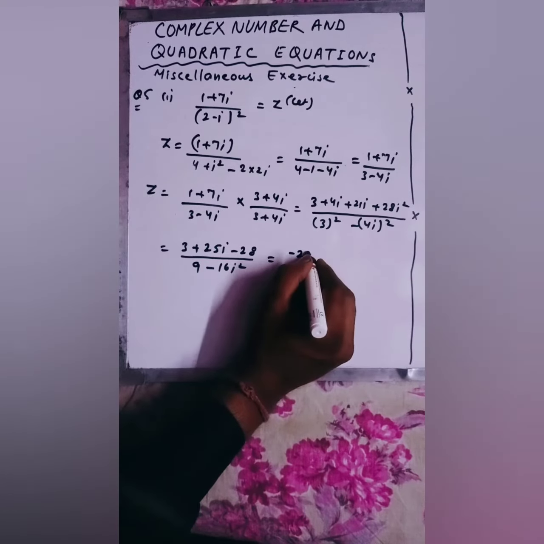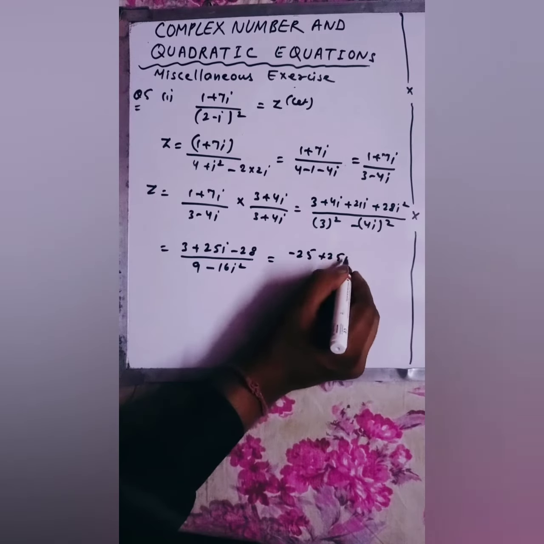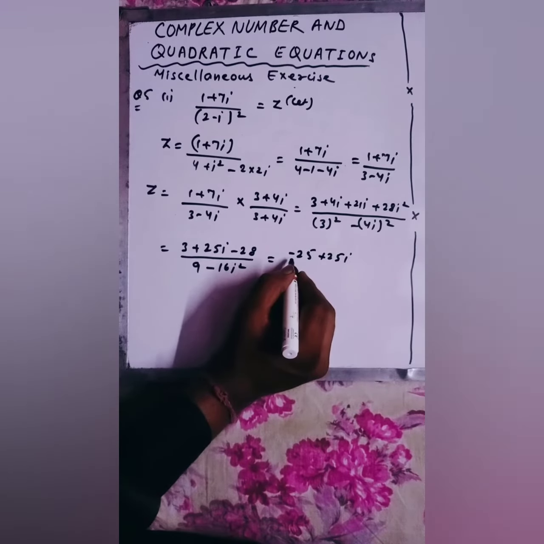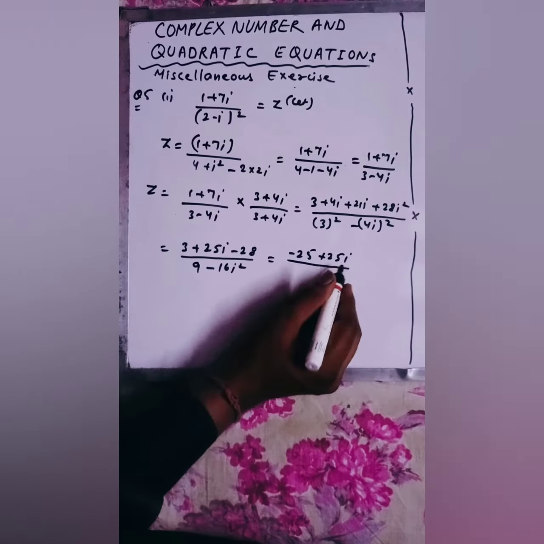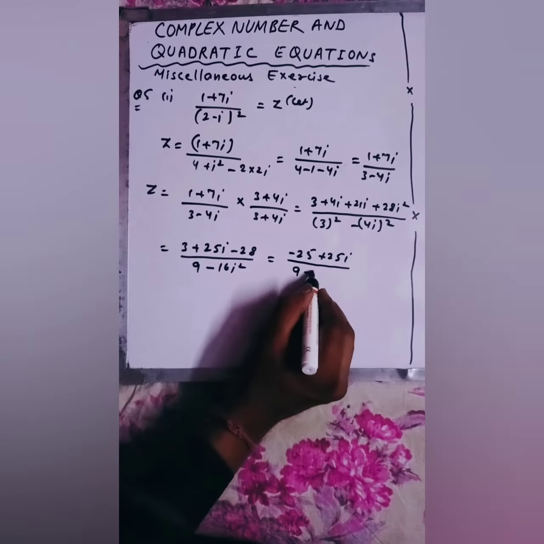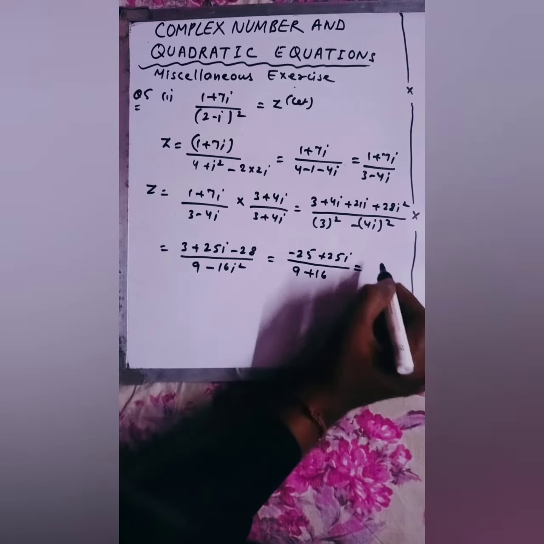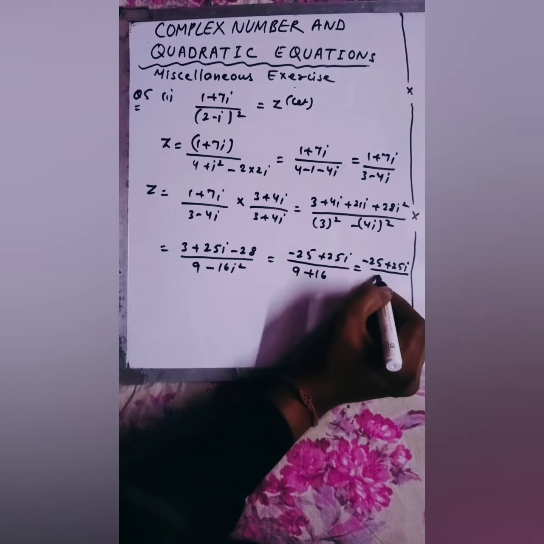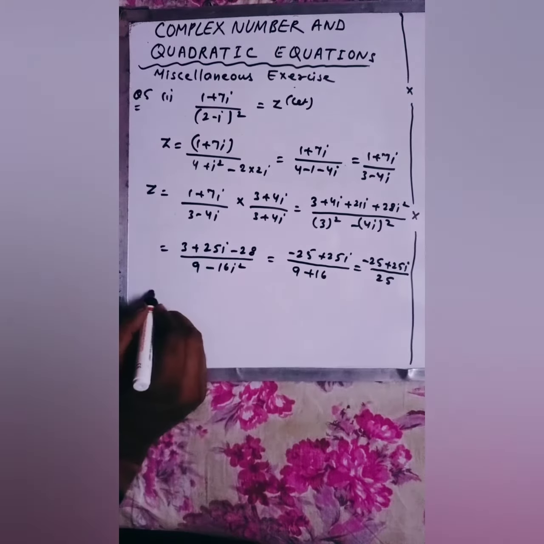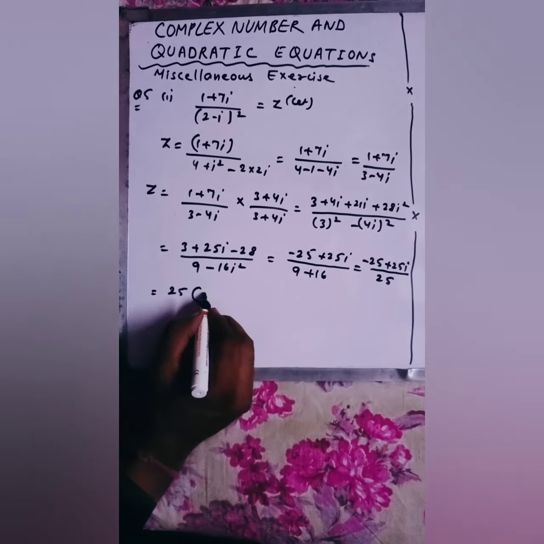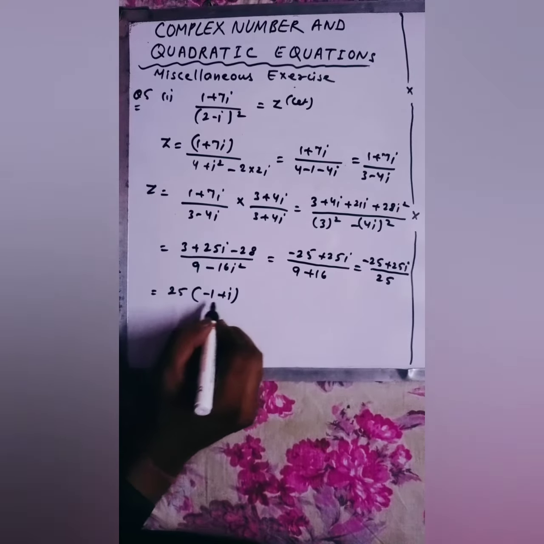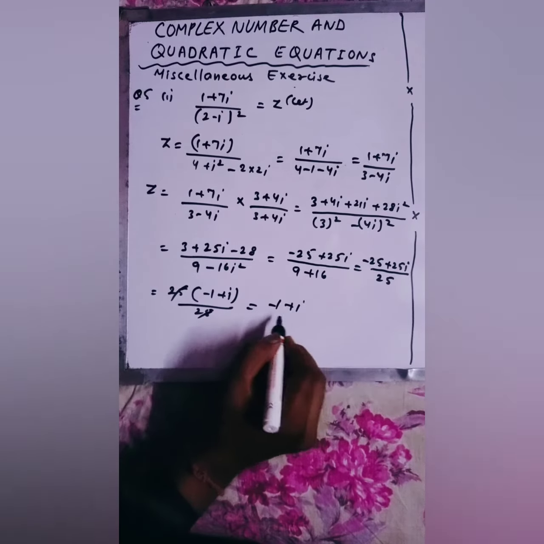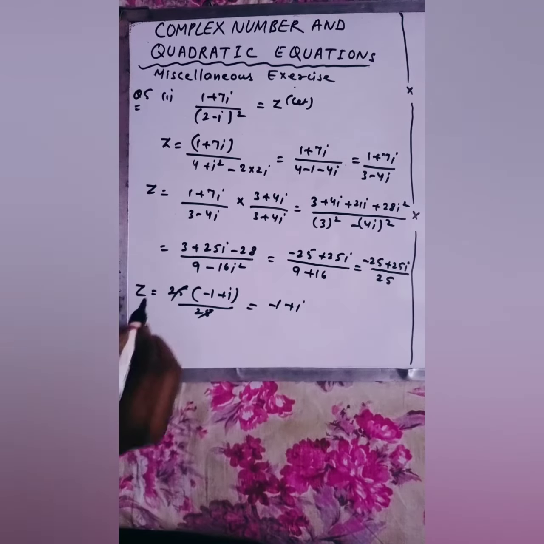You will get minus 25 plus 25 iota, because 3 minus 28 gives minus 25, over 9 plus 16. Children, you will get minus 25 plus 25 iota over 25. Take 25 common from the numerator, and you will get this. So now this is your simplified form.